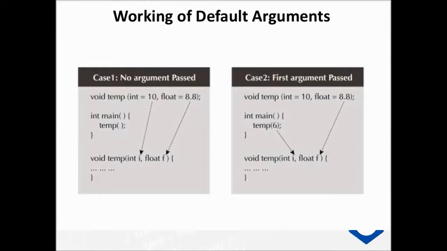So in the main function, when we call this function temp, and we do not pass any argument to it, then when we define this function as temp int i and float f, i takes the value 10 and f gets the value 8.8 from the function definition.